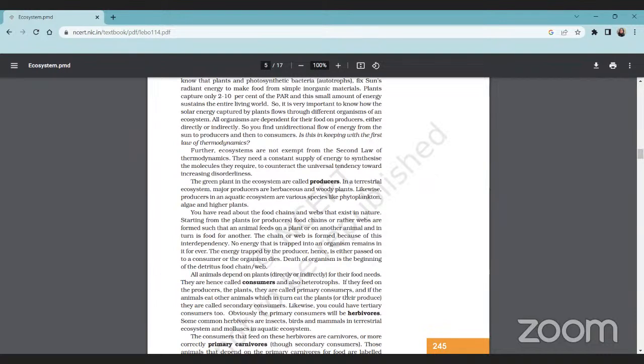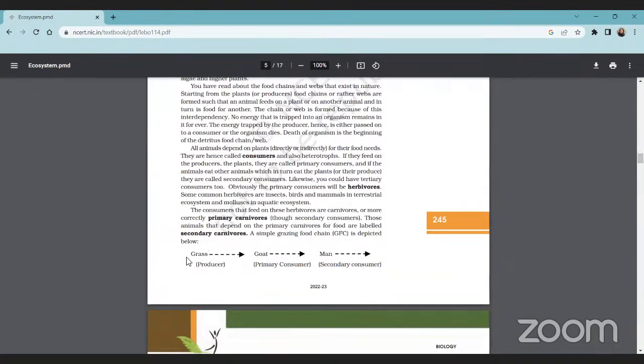Those animals are eaten by the carnivores, the secondary consumers. This is called a food chain, where organisms depend on each other. Here grass is eaten by a goat, which is eaten by man, so the energy flow passes in this way.